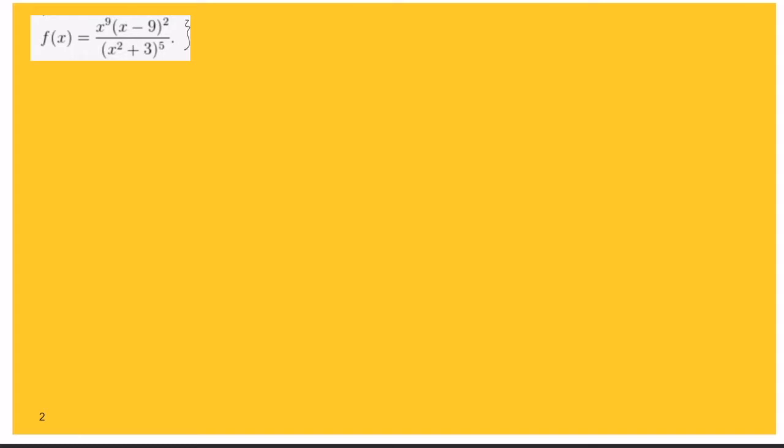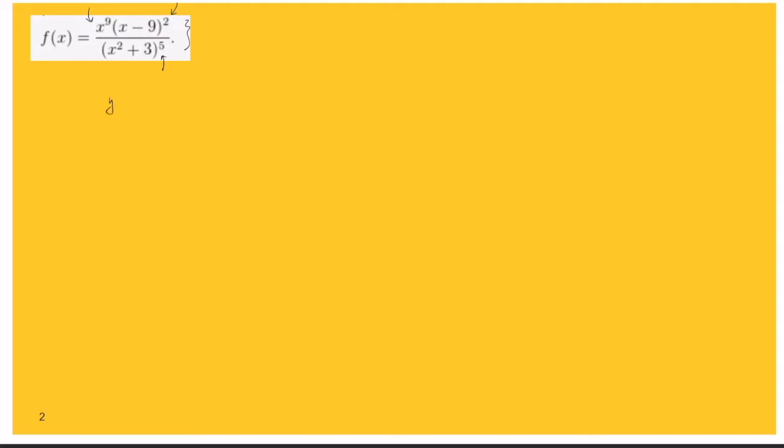It has a power of 9, a power of 2, and a power of 5. So if we use the quotient rule or the product rule, then the differentiation can get extremely lengthy. To save time, we use this technique known as logarithmic differentiation. I will walk through that and we shall learn using this example.